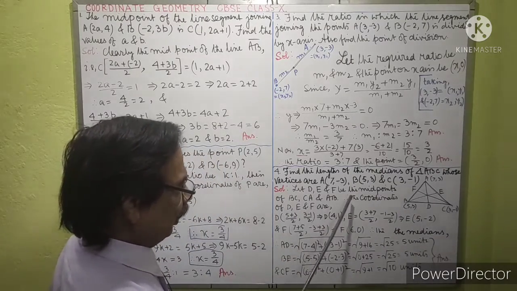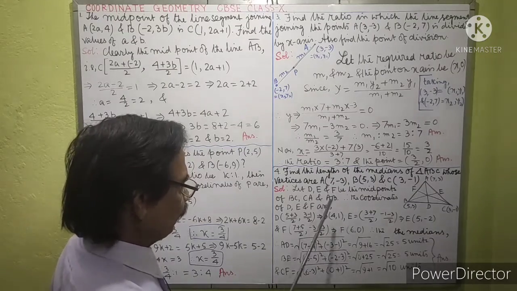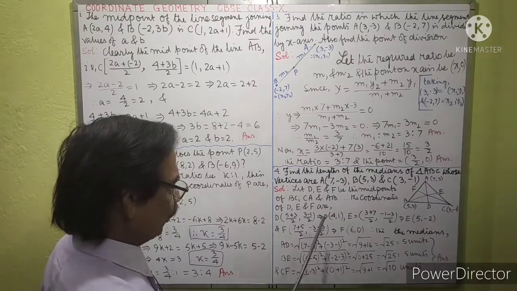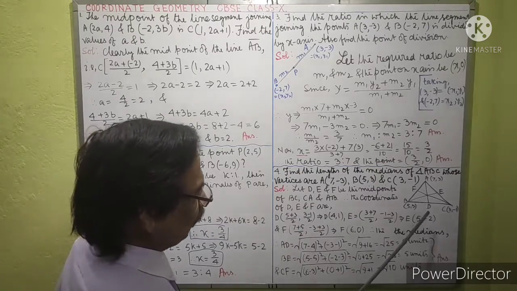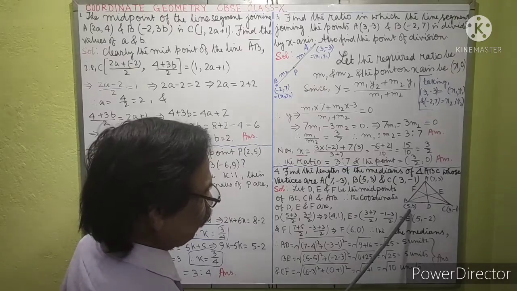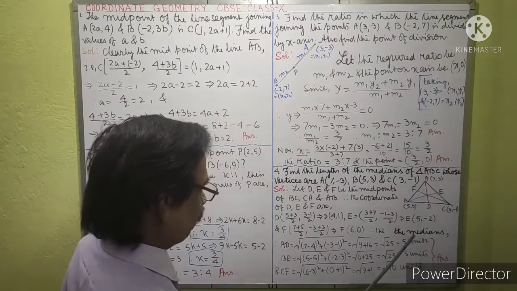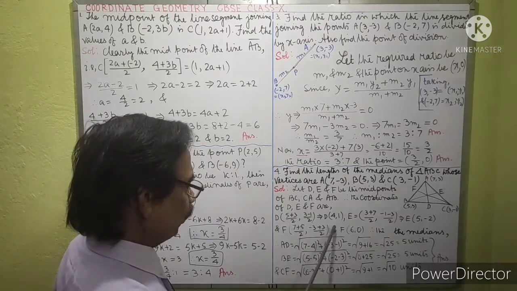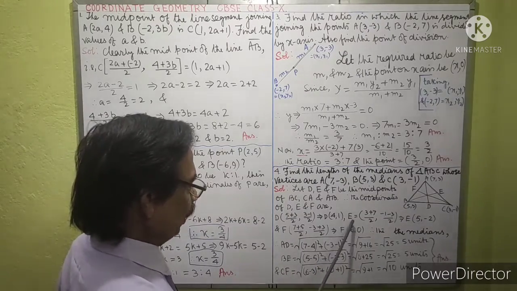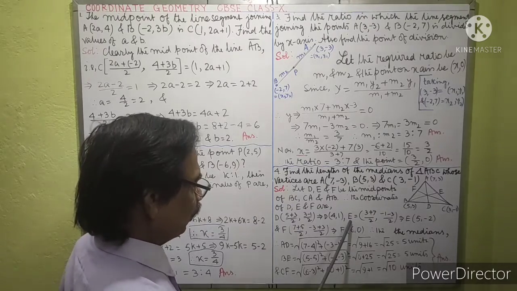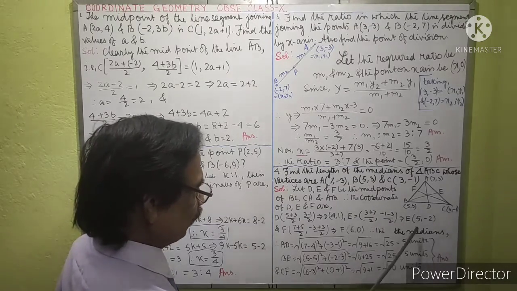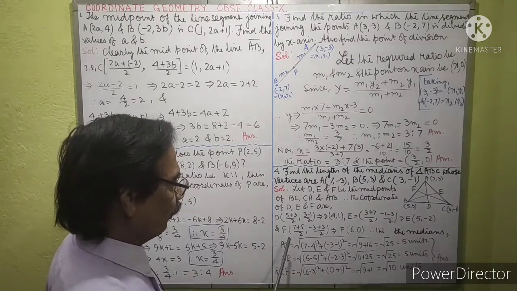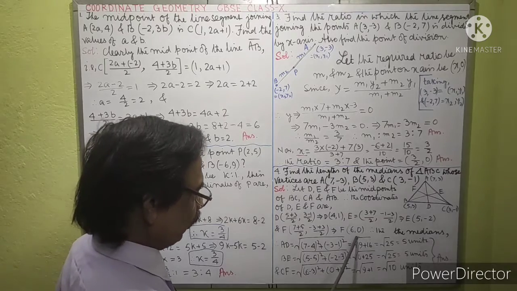Let D, E, F be the midpoints of BC, CA and AB. Therefore the coordinates of D, E, F are found using (x1 plus x2 by 2, y1 plus y2 by 2) in every case. We get the coordinate of D equals (4, 1), the coordinate of E, the midpoint of AC, is (5, -2), and the coordinate of F, the midpoint of AB, equals (6, 0).